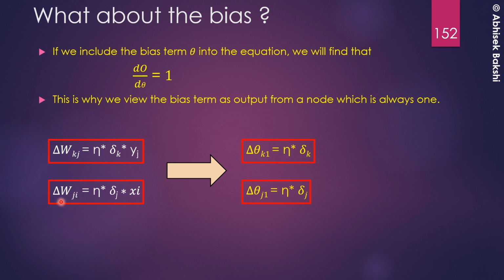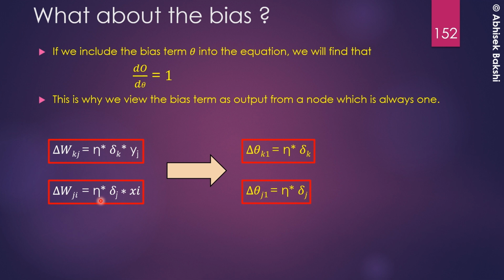Similarly, delta wji, which is basically the change of weight between the input layer and the hidden layer neuron, will be eta into delta j into xi. Already we have derived this.